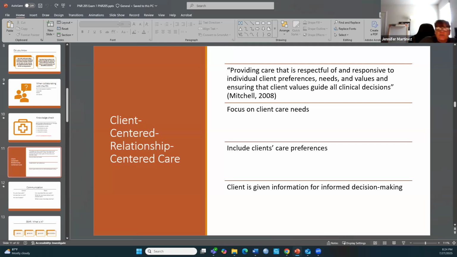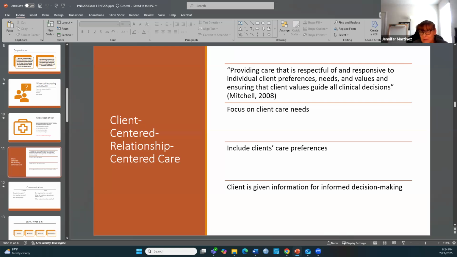So client-centered, relationship-centered care. So providing care that is respectful of and responsive to individual client preferences, needs, and values, and ensuring that client values guide all clinical decisions. And so this is something that we also have to take into consideration, right?